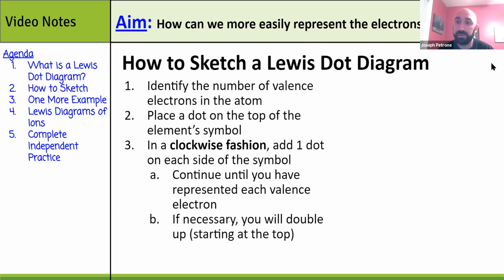All right. So there's three main steps as to how to sketch a Lewis dot diagram. First thing we want to do is identify the number of valence electrons that are in the atom.